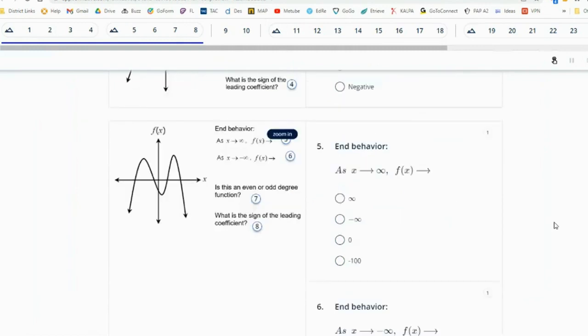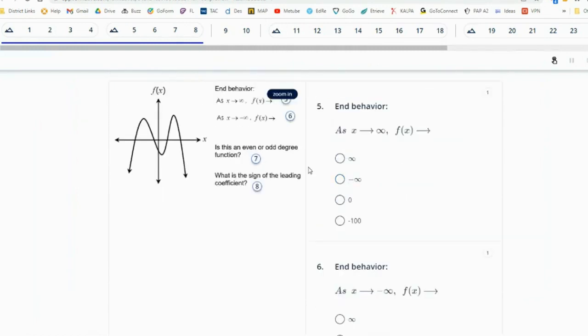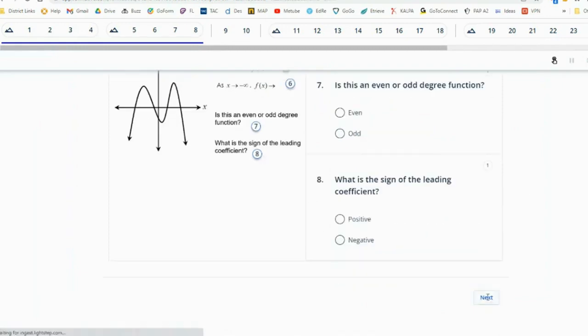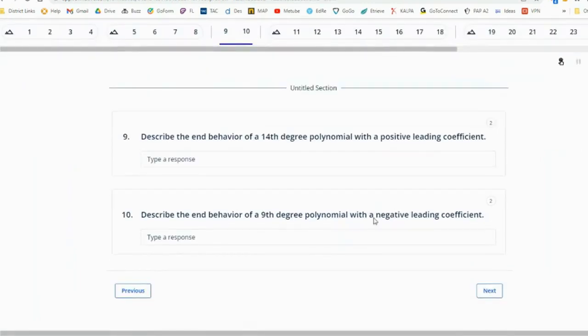Okay, then you got another one down here. Same questions. As x approaches infinity, which way is this graph going as it approaches negative infinity? What's it approaching? Is it even or odd, and what's the sign of the leading coefficient? Then you have 2 questions right here. Describe the end behavior of a 14th degree polynomial with a positive leading coefficient.